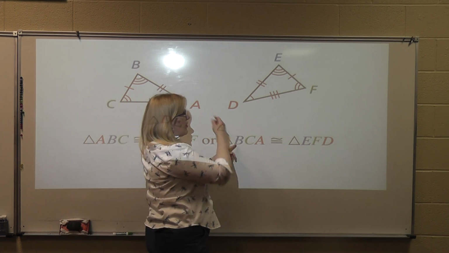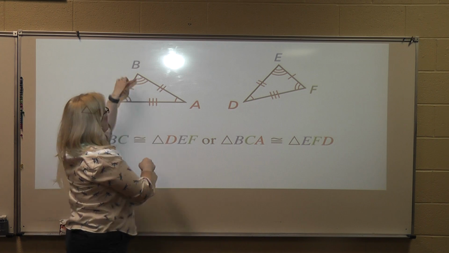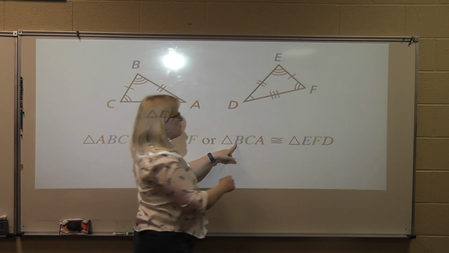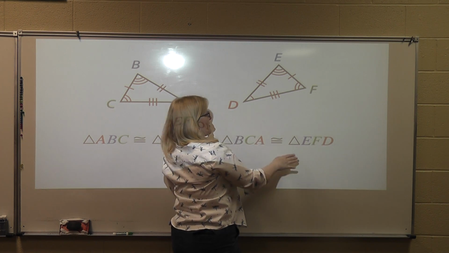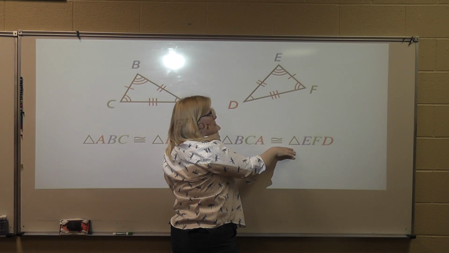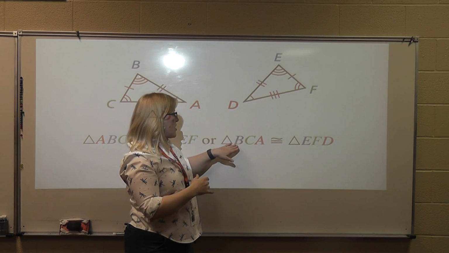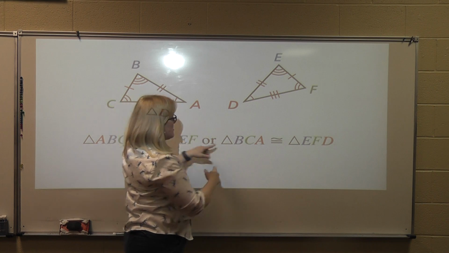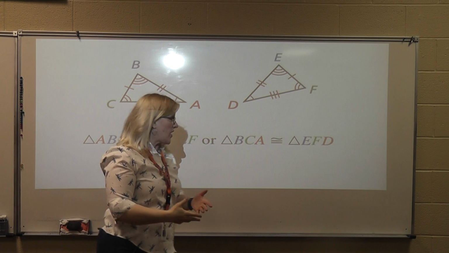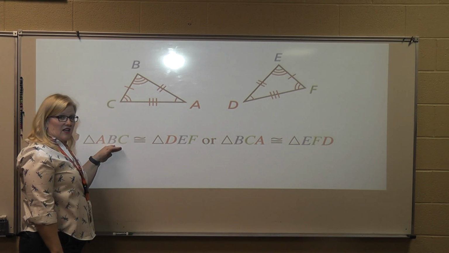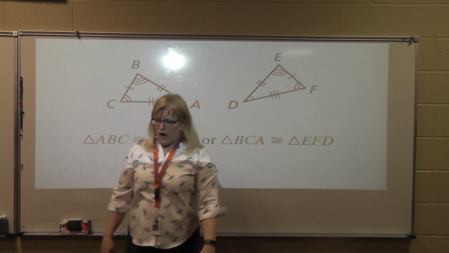For example, I could also call this triangle BCA, but it's congruent to EFD, so I'm going in the same order. So I started with B, that has the 3 lines, it goes to E, that has the 3 lines, and so forth. So ABC is not congruent to EFD.